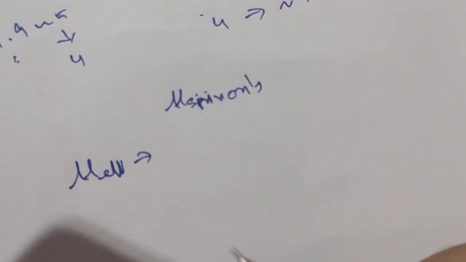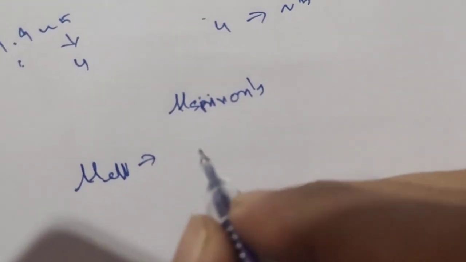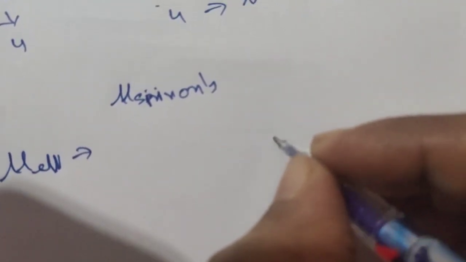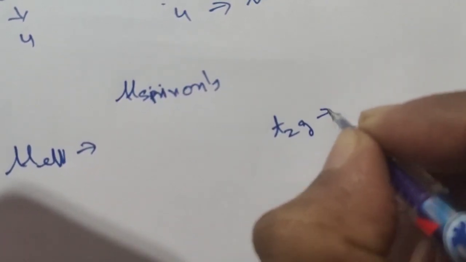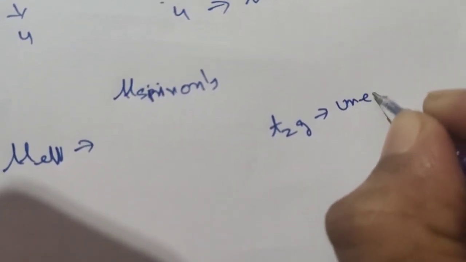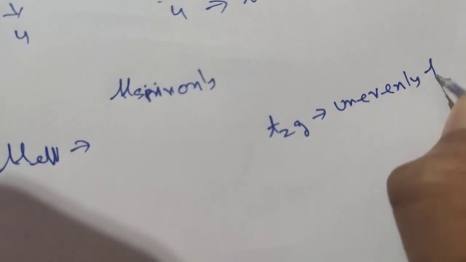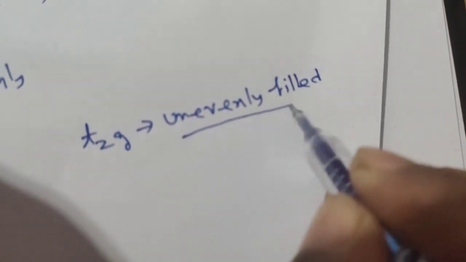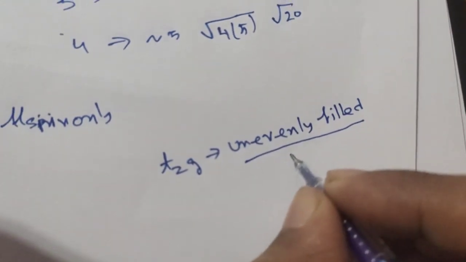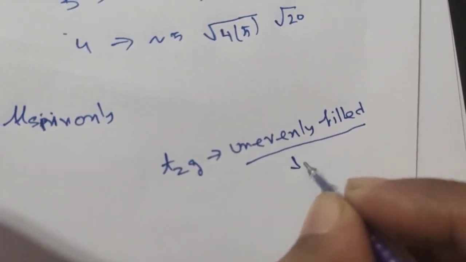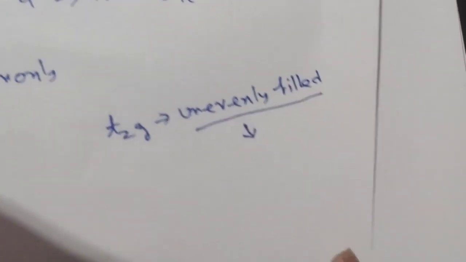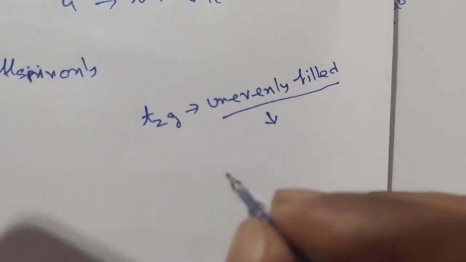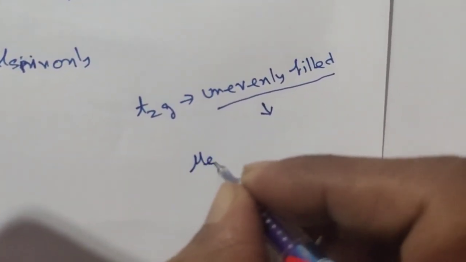So we need to remember, when the T2G orbital is unevenly filled, this is the important thing, then there will be some contribution from the orbital.